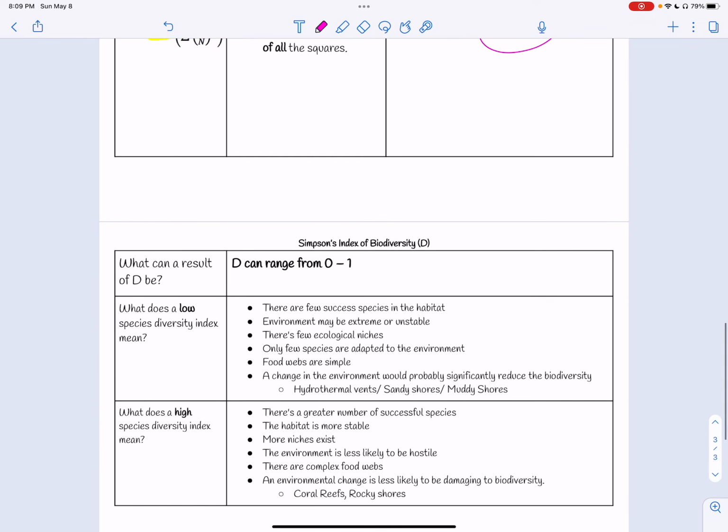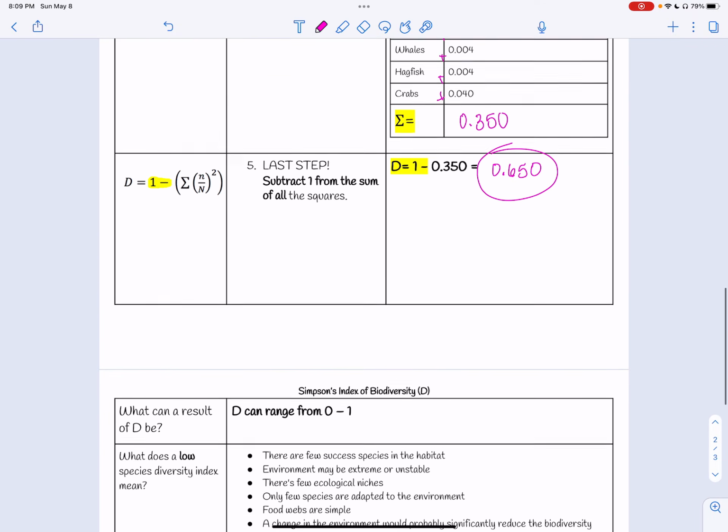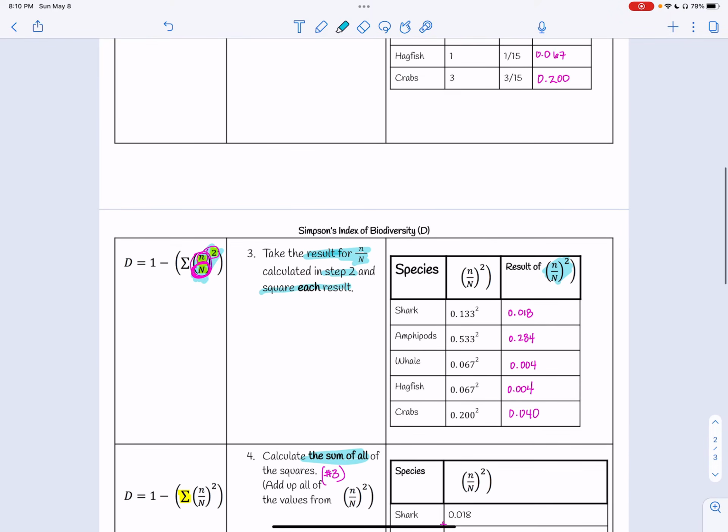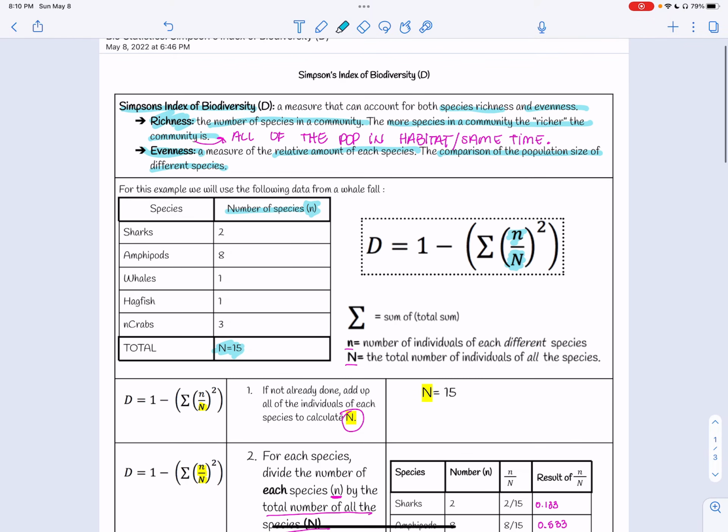All right, so just to identify what these values can mean, and again, this is looking over the richness, so the amount of different species, and in this example, we had 5 different species there. And then it's evenness, how even they are. Even just looking at it, these numbers aren't large at all, but there isn't one that really dominates another.